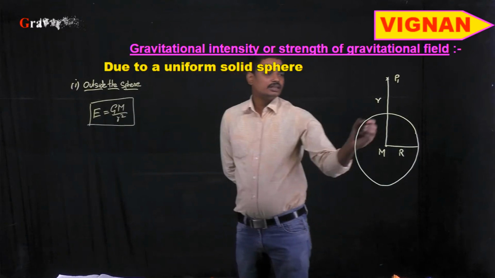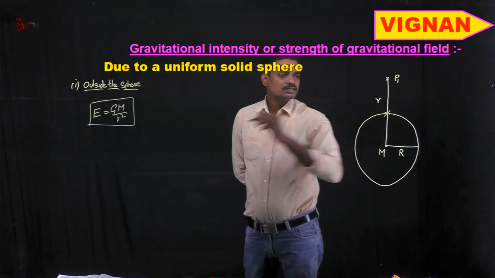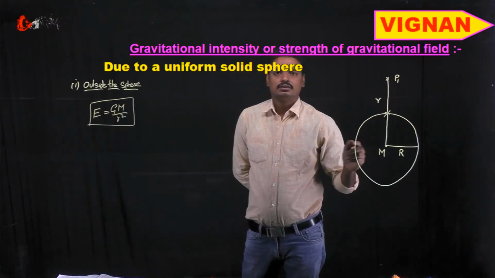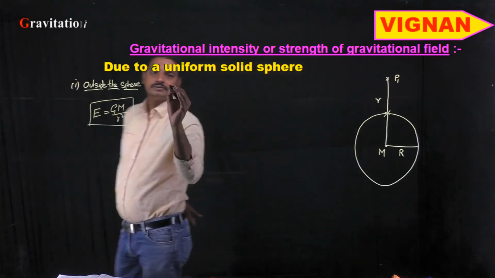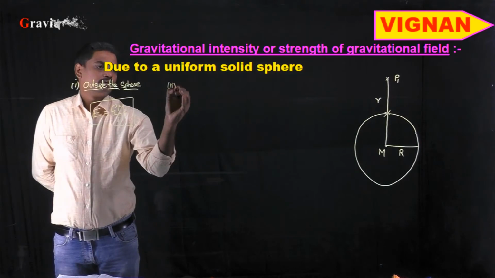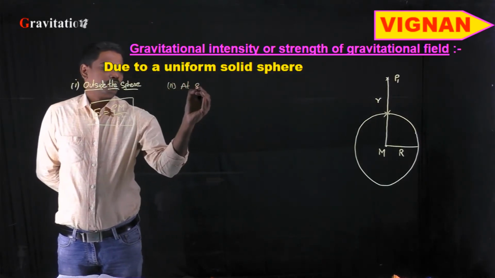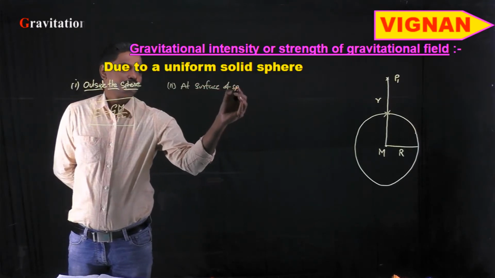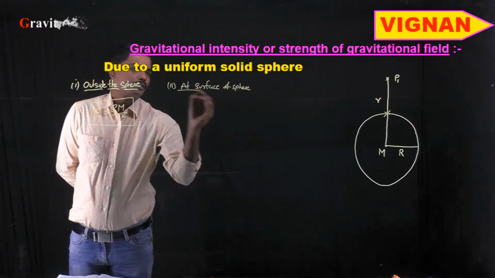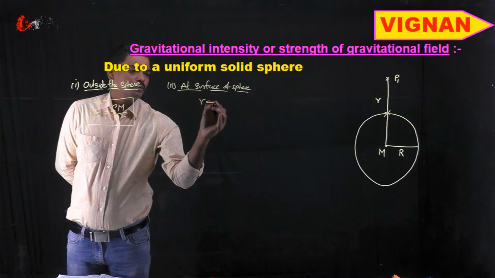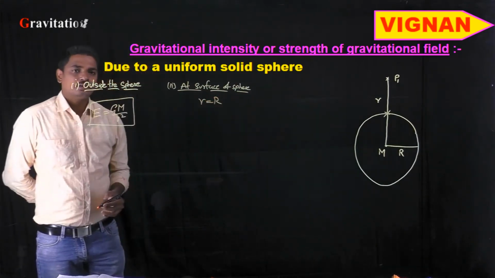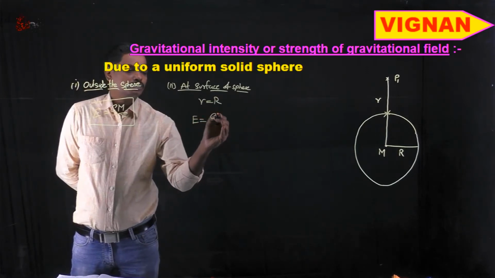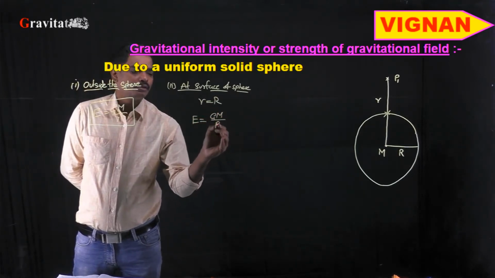If the point is placed at the surface of the solid sphere, then at the surface of the sphere, the small r will be equal to the radius of the sphere. Therefore, the formula will be E is equal to G capital M by capital R square.